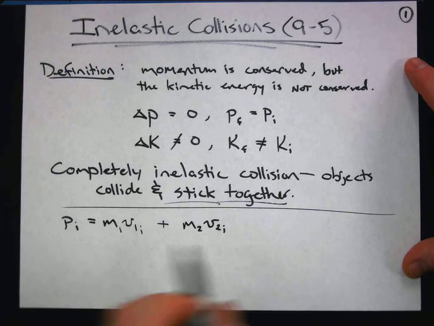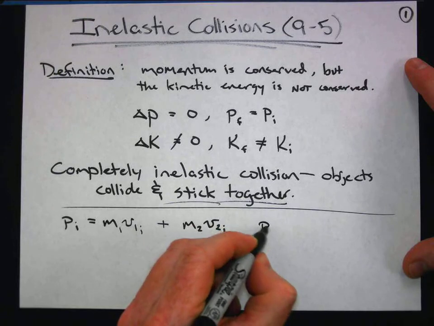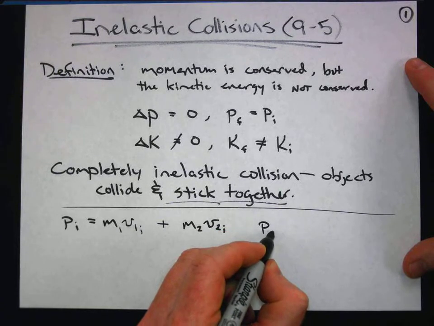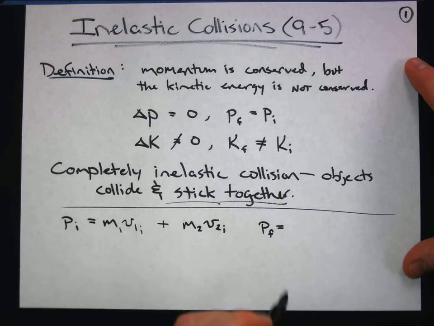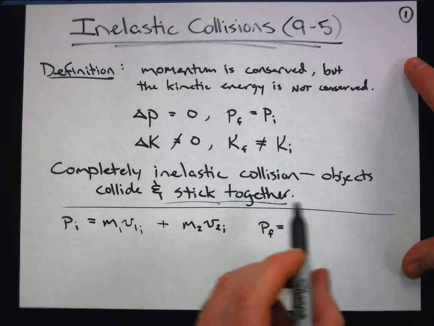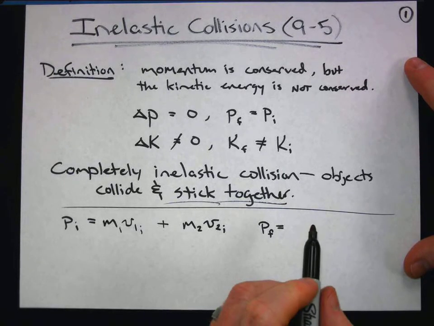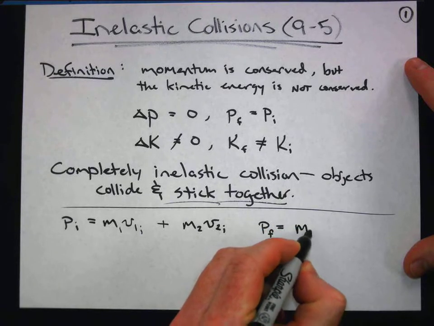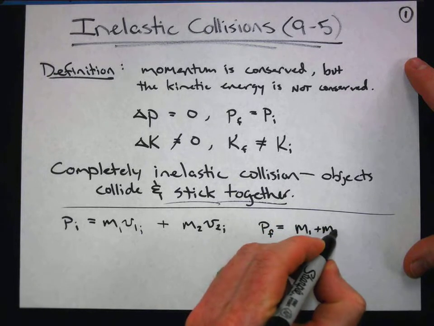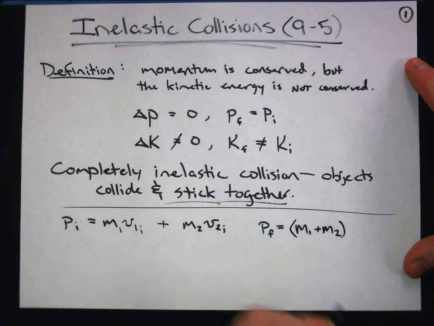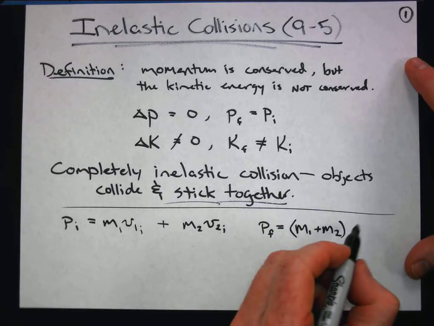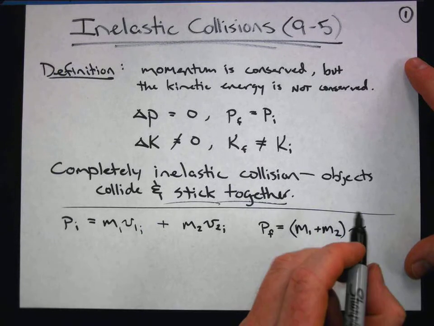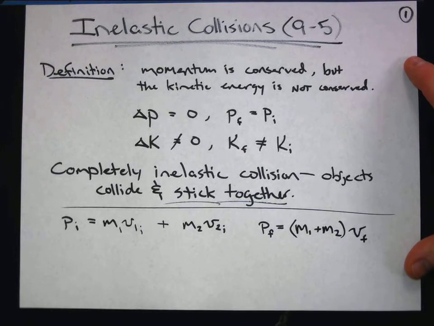And we also know the final momentum. In this case, the objects have combined into one. So what we have is m1 plus m2 when they collide and stick together. And since they are now one object, they have one velocity, and that is the final velocity of the system.